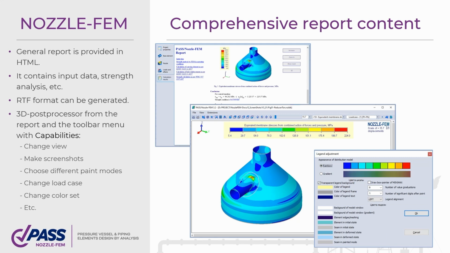The program creates a comprehensive report which contains input data, strength analysis, additional tables, and can be generated in RTF format. It's possible to use the 3D postprocessor from the report and the toolbar menu with different capabilities: change view, make screenshot, choose different paint modes, change load case, change color set, and others.